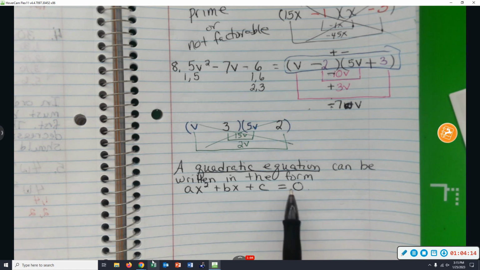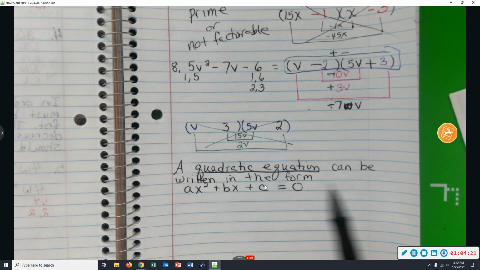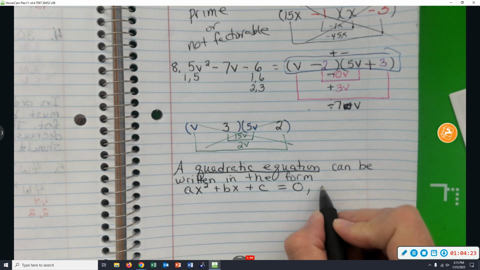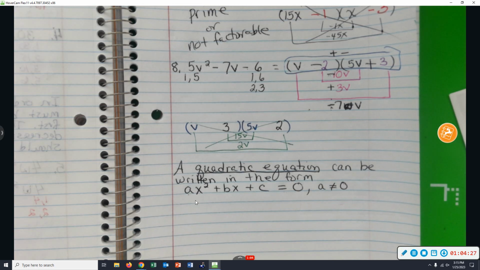An equation must have an equal sign. Where a can't be 0. A, b, and c are real numbers, but a can't be 0 because 0 times x squared is 0. You must have a variable squared as the largest exponent in order for an equation to be quadratic.